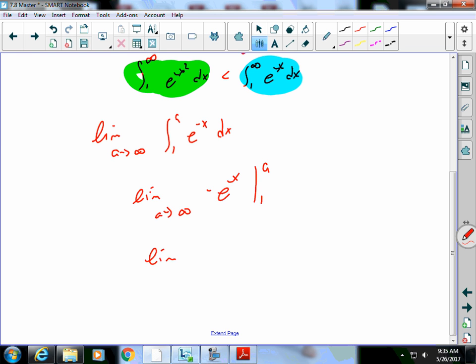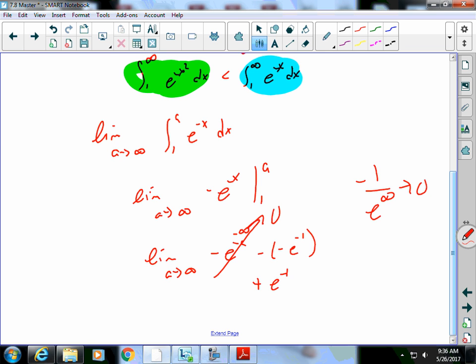I'm going to evaluate now: negative e to the minus a, subtract negative e to the minus 1. All right, so let's look at this. As a gets larger and larger, goes to infinity, I really have a minus infinity. Well, that means I have a negative 1 over e to the infinity. Well, that whole thing's going to go to 0.